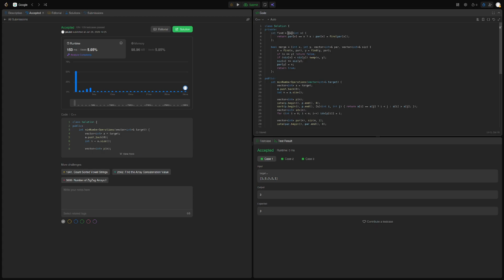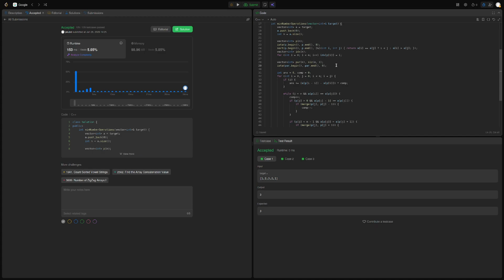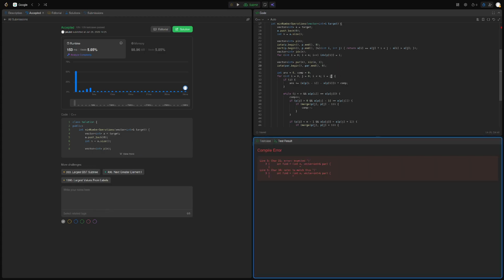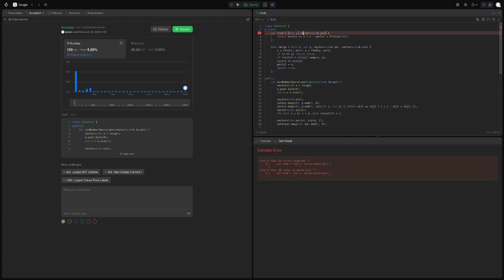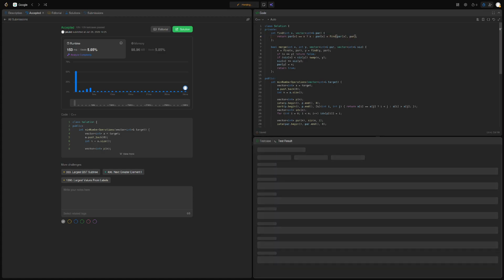Find parent. Great, that should work, I guess. Something's wrong here. There's not supposed to be an equal sign. Great. Like that.